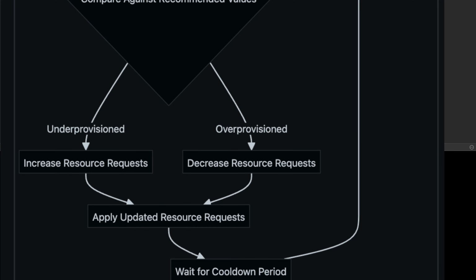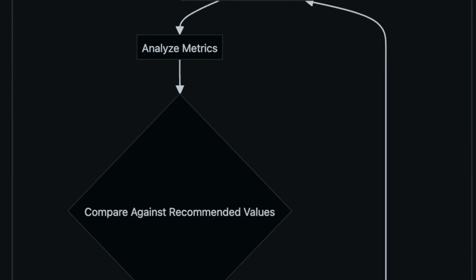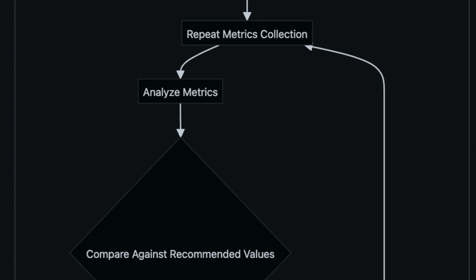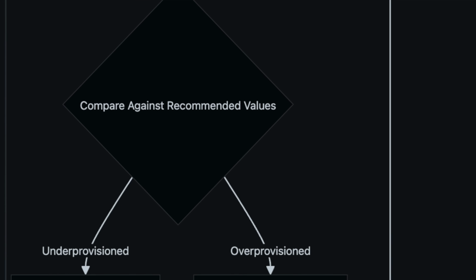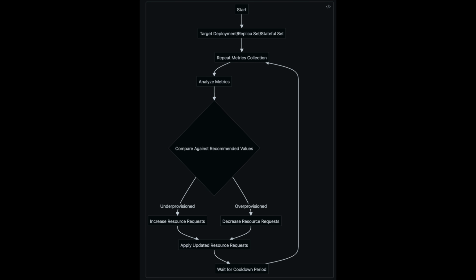It also waits for a cooldown period for the next adjustment cycle and repeats the metric collection, and keeps on doing this in the background without a user having to look at it manually and having to intervene with the spec side of things. This flowchart here accurately reflects how Vertical Pod Autoscaler manages the resource allocation in Kubernetes.